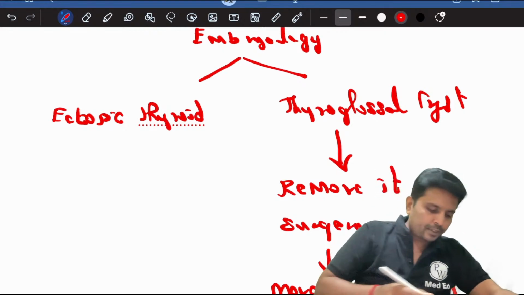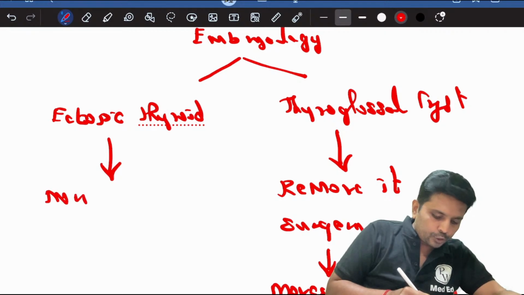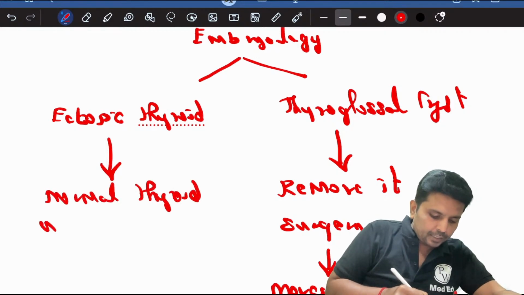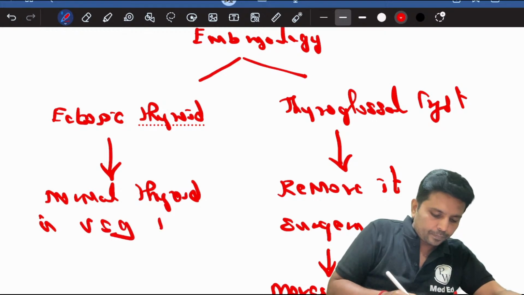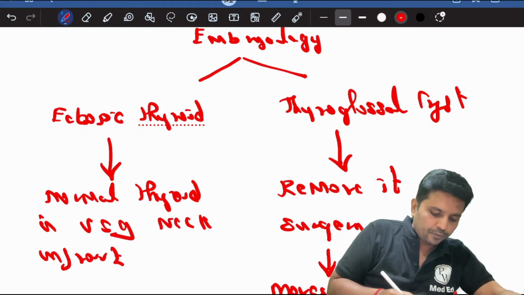Whereas ectopic thyroid means normal thyroid tissue; in ultrasound neck, the normal thyroid in front of the trachea will be missing.